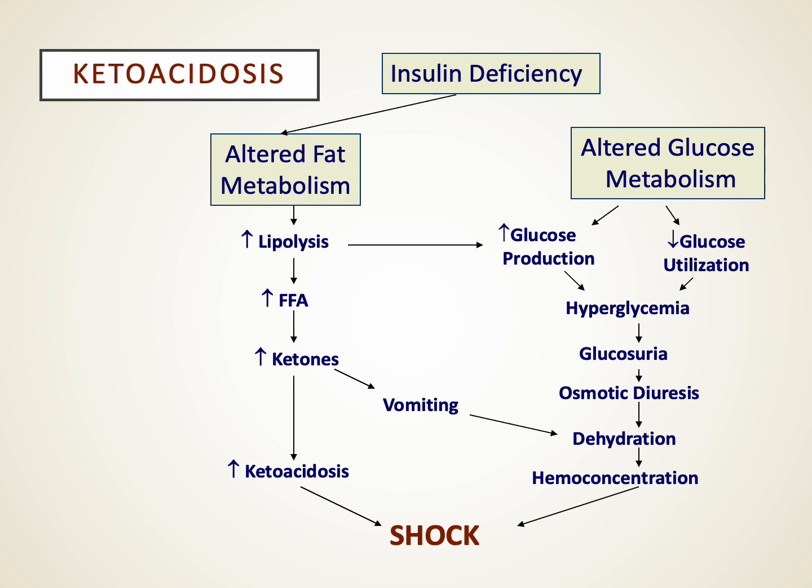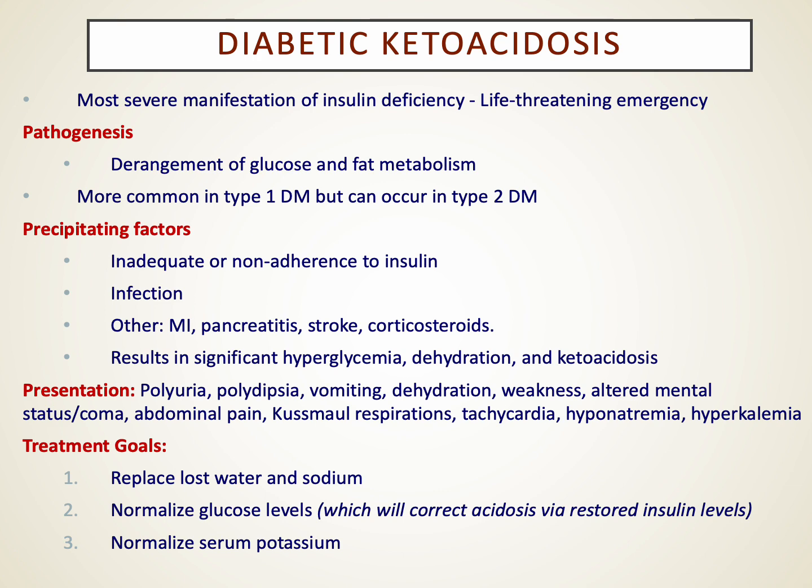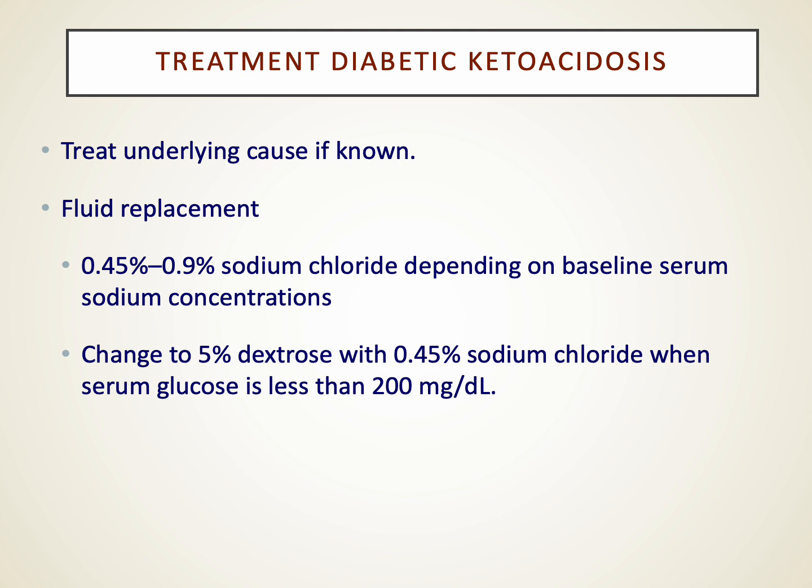In addition, their cellular metabolism without getting an adequate amount of glucose starts metabolizing fats, leading to ketone bodies, which leads to ketoacidosis. The presentation of someone with diabetic ketoacidosis typically is someone who is hypovolemic, very dehydrated because they peed out a lot of urine, peed out a lot of electrolytes, and they're also having ketoacidosis with a very low serum pH.